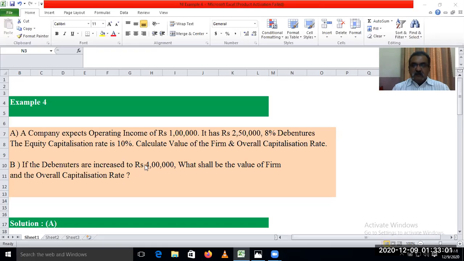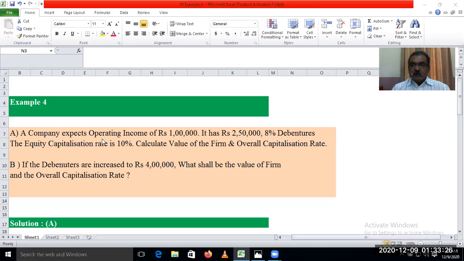Means rest of the things will remain the same, that is amount of operating income, equity capitalization rate, and rate of interest on debentures. In the first question, debenture amount is rupees 2,50,000. Instead of that, if that amount is rupees 4 lakhs, what would be the value of firm and overall cost of capital? So first we will solve A, question 1.